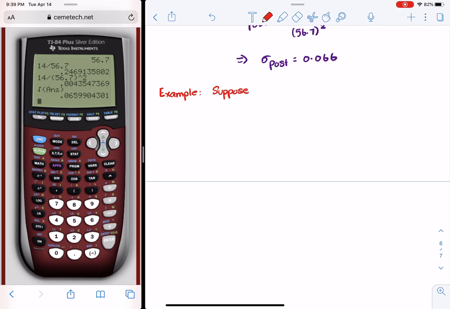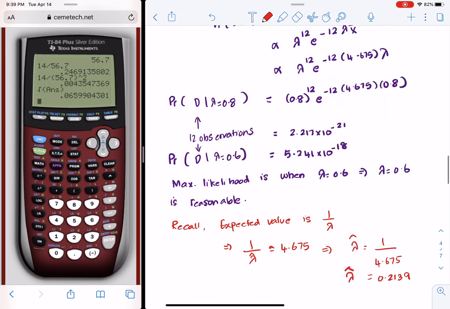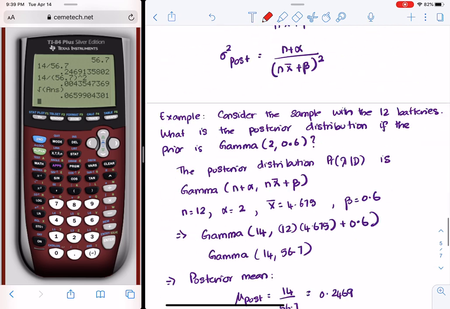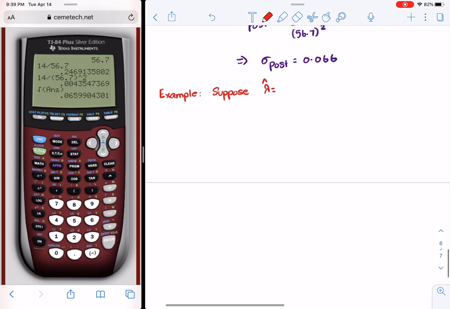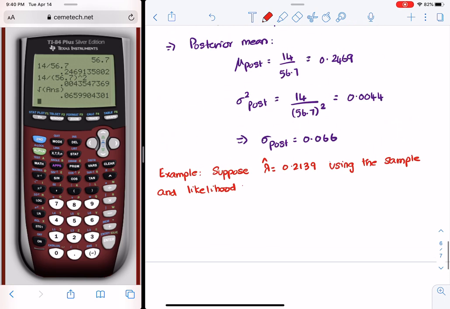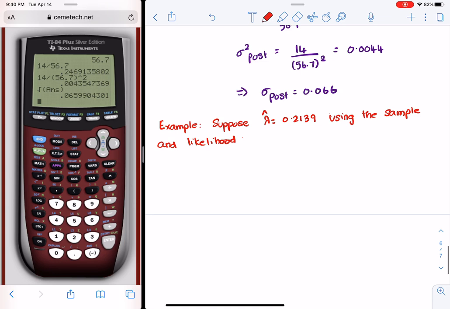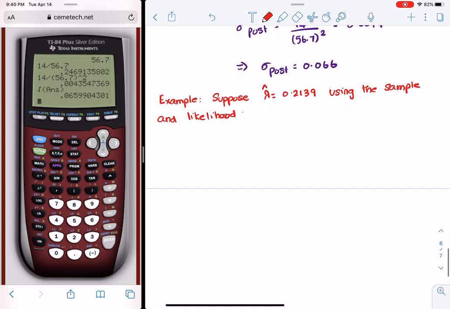Suppose lambda hat is 0.2139 for the sample. And here we have mu post and sigma squared post.